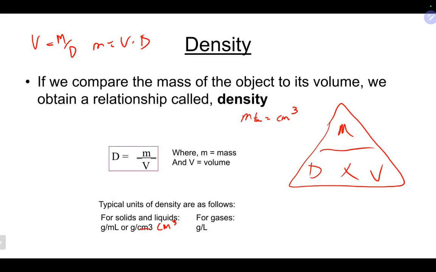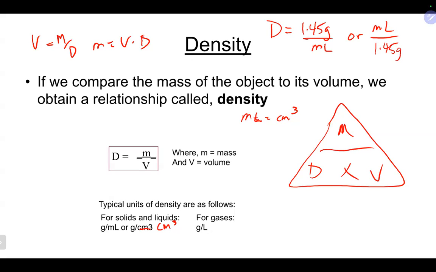So if you did have a density of a substance, say 1.45 grams per milliliter, you could use it as a conversion factor. If you needed to divide by it, you could flip it around and use it as a conversion factor as well. So sometimes we use density as a conversion factor to do dimensional analysis problems that involve density.